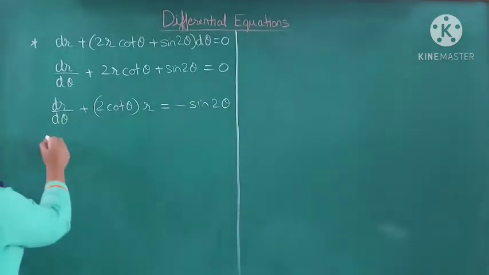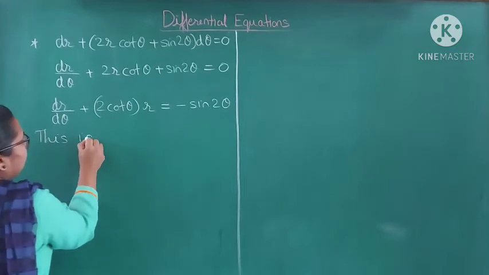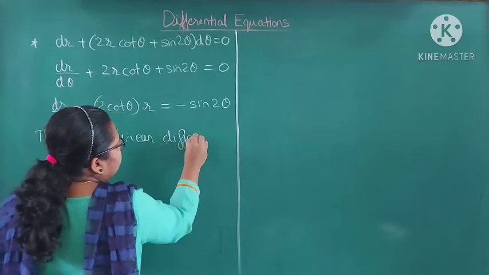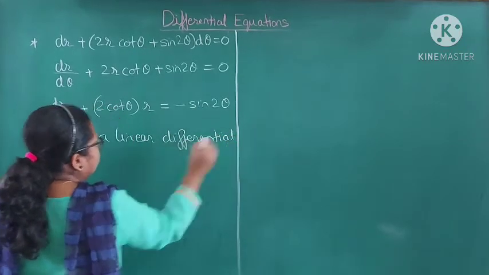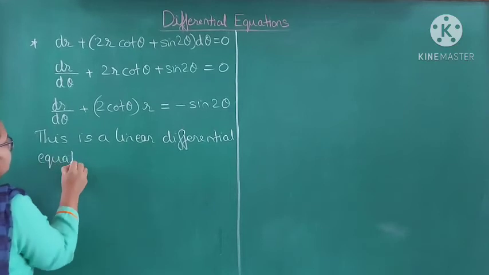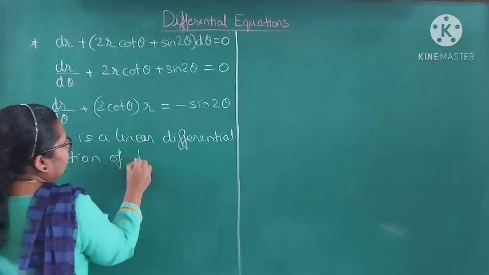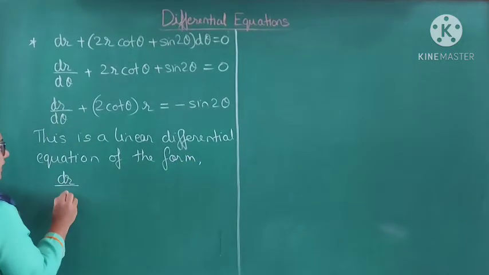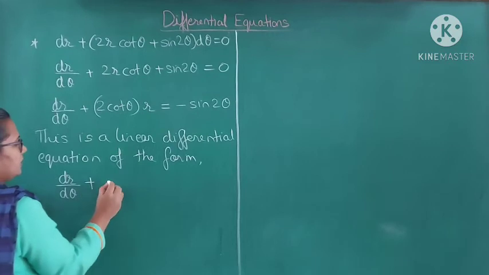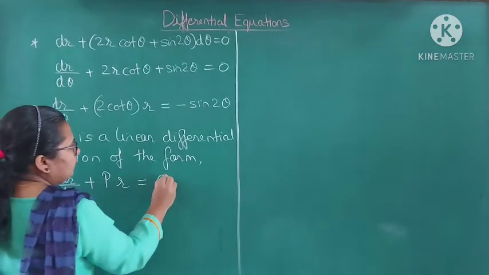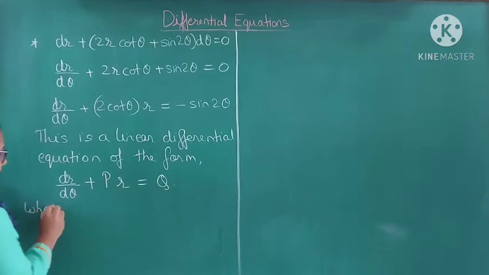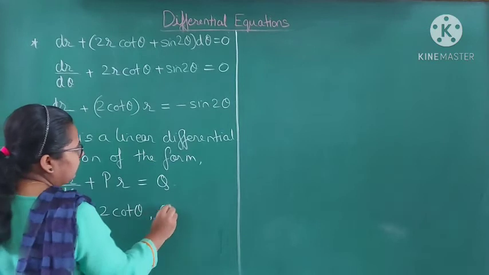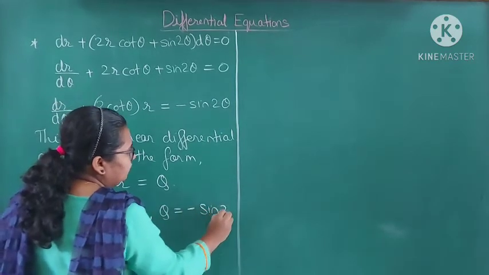So we can see here, this is a linear differential equation of the form dr upon d theta plus p into r is equal to q, where p is equal to 2 cot theta and q is equal to minus sin 2 theta.